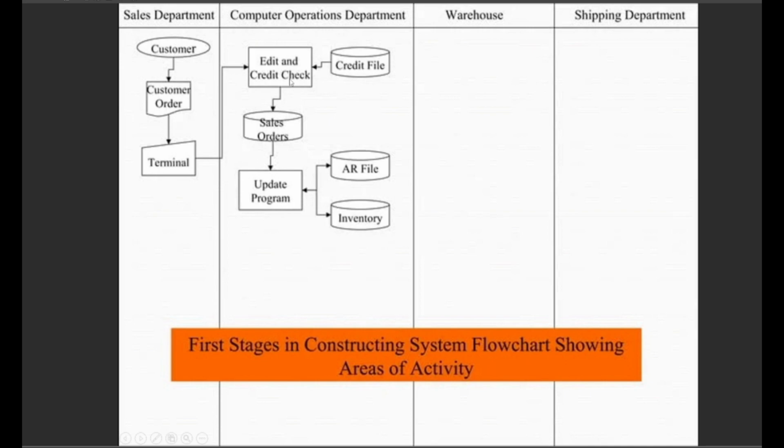Okay, so after checking the credit and editing or verifying the order, they will save that to the sales order storage, and that sales order storage will provide the inputs to update the program to create an accounts receivable file for the customer, because the customer orders something, and then an update for the inventory itself.